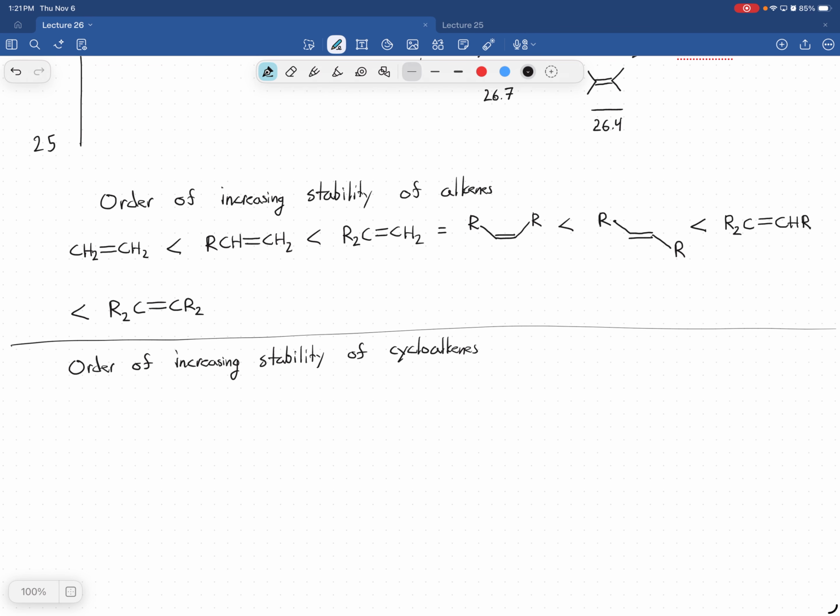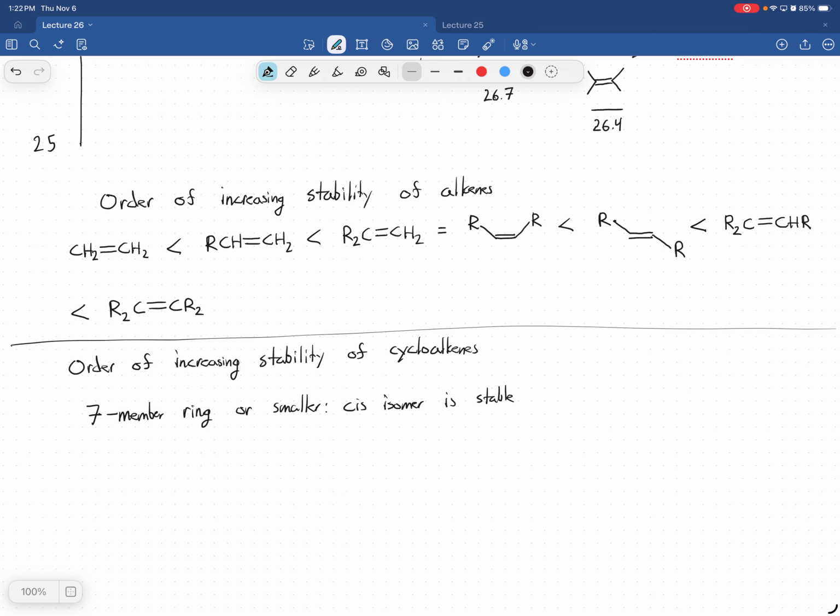So cycloalkenes also form in rings pretty often. So here's the trend. With a 7-member ring or smaller, you primarily only get the cis isomer. So the cis isomer is stable.